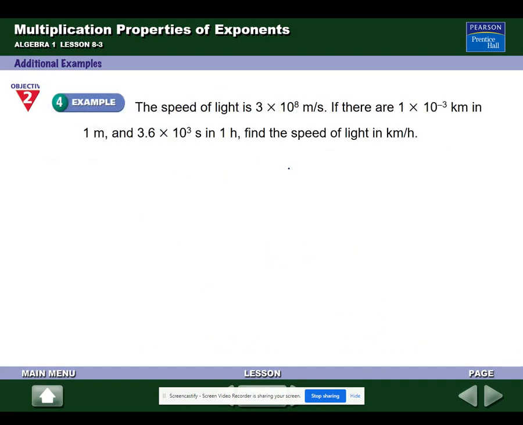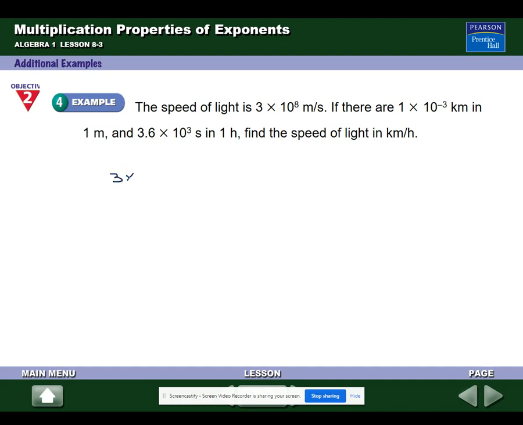And I think we have one more. It says the speed of light is 3 times 10 to the 8th meters per second. If there are 1 times 10 to the negative third kilometers in 1 meter and 3.6 times 10 to the third seconds in 1 hour, find the speed of light in kilometers per hour. Okay, so this is something we did earlier in the year. And here's what you're doing.